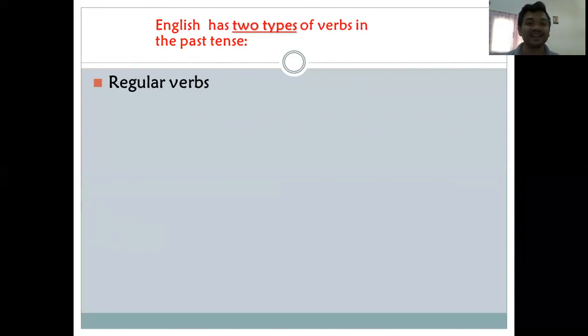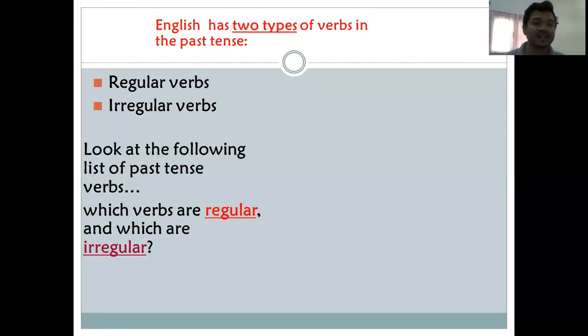If you said regular verbs and irregular verbs, then you really did listen to your teacher before. So again, English has two types of verbs when it comes to past tense: regular verbs and irregular verbs. So what does it mean, regular and irregular verbs? Don't worry, all of your questions will be answered later on.